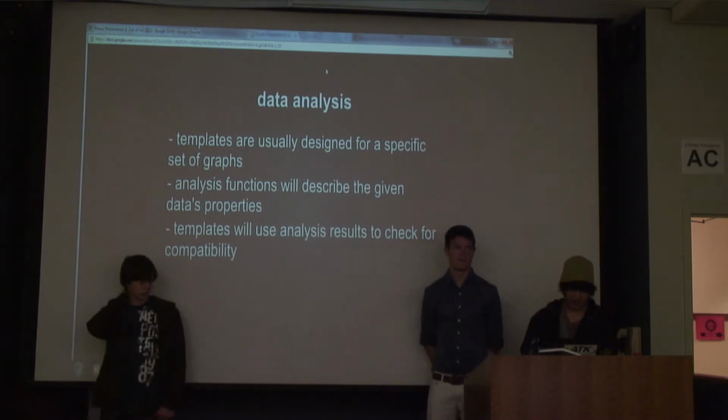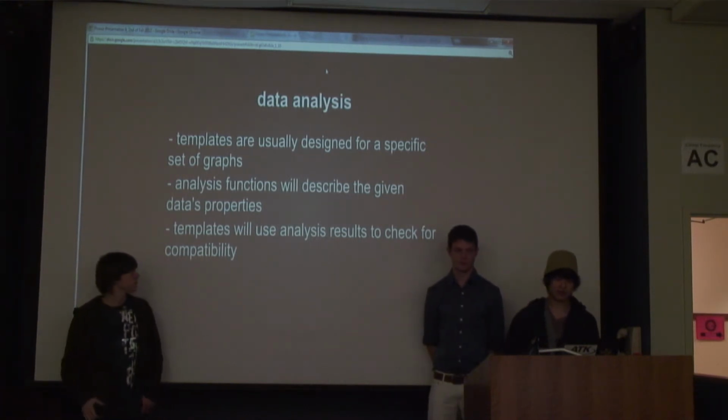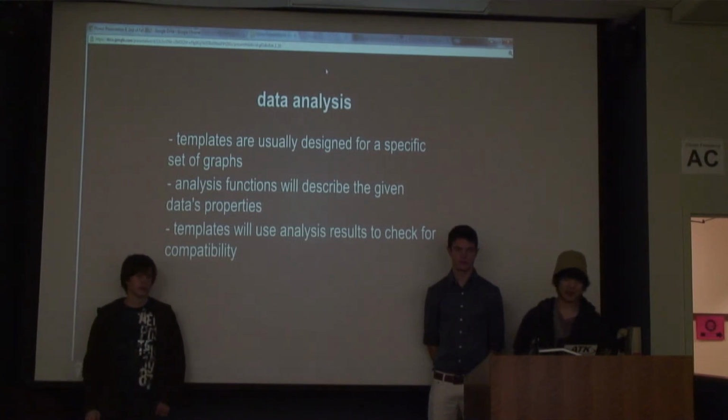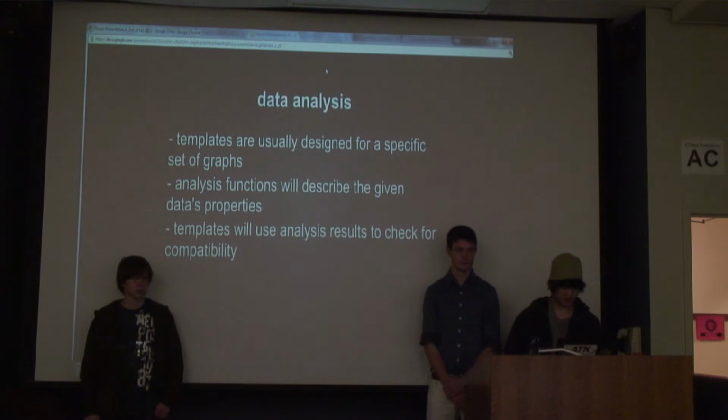A side thing that resulted from Flower is that we had to design a tool to analyze the graphs that we were using for our flowcharts. For example, counting the number of nodes or connections between nodes and things such as that.